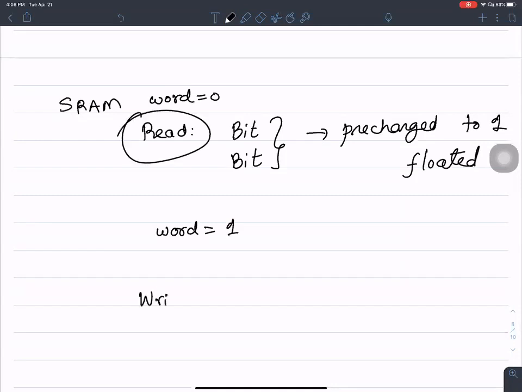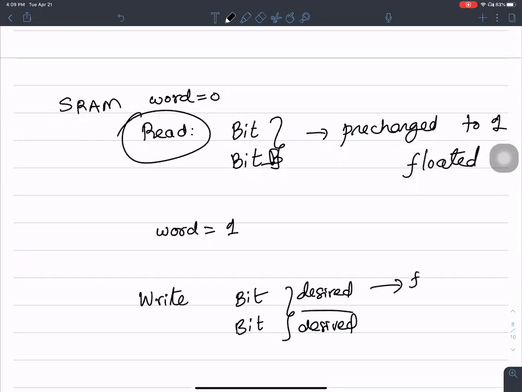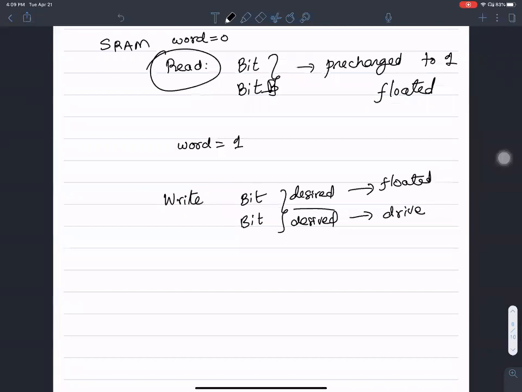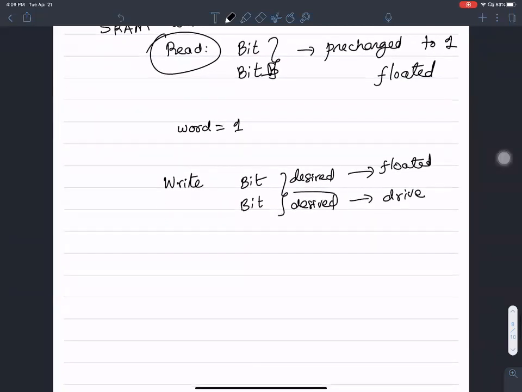When it comes to write operation, bit and bit bar, you put the desired value here and the desired value complement over here. This is floated, this is driven. Then word becomes 1.